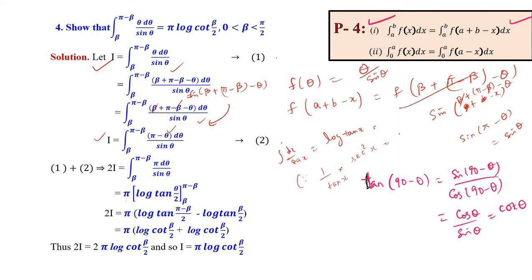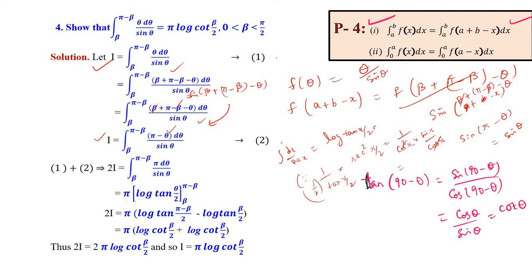This you can rewrite as 1 by cos square into sin by cos. We can cancel this. So what you are having here is tan x by 2, and by the function rule that we have to apply, that gives you a half.